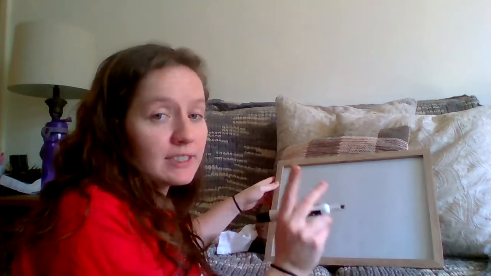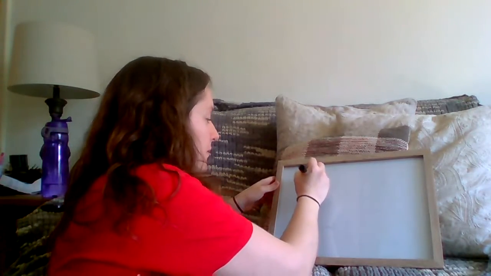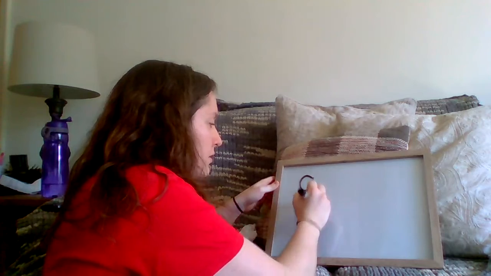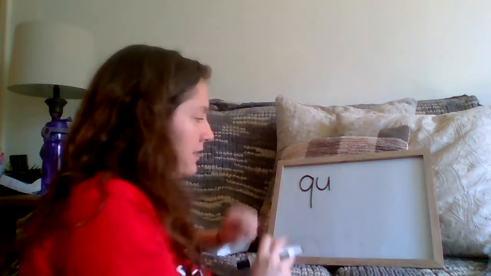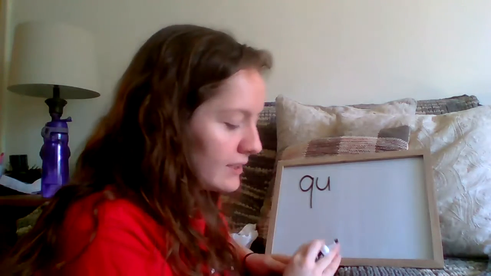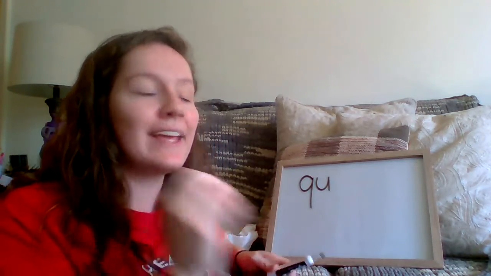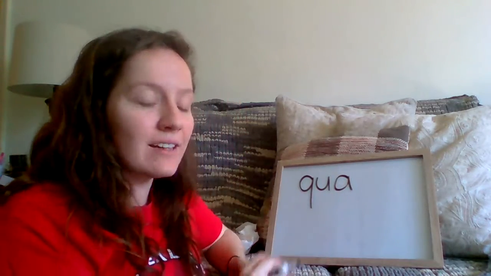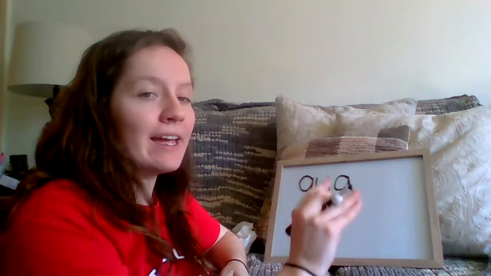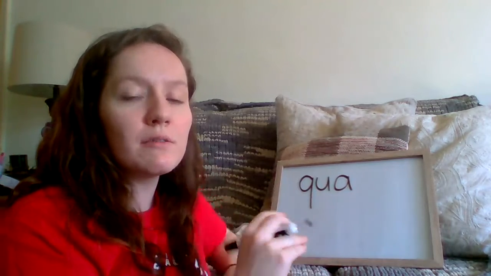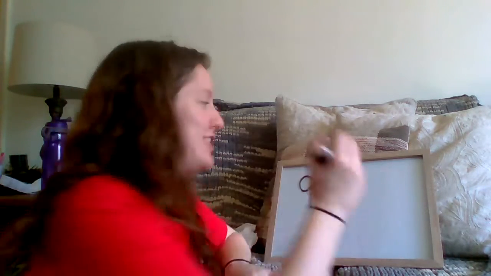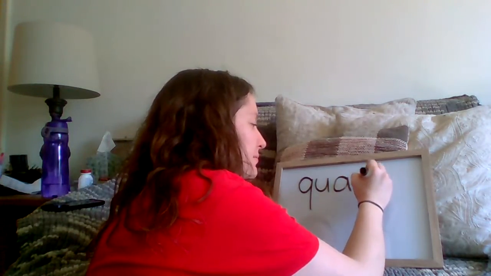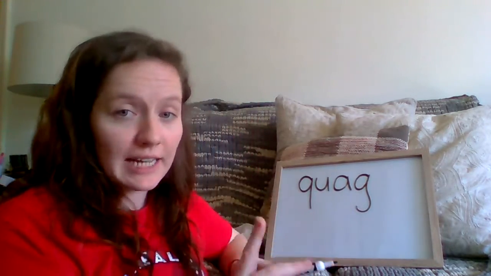Now remember, this time I'm writing it with the straight line. Q. U. Okay, so qua. Next sound is a. What letter says a? A. Remember, the word is quag. Qua. A. G. What letter says g? G. Okay, we're going to sound it out to double check.